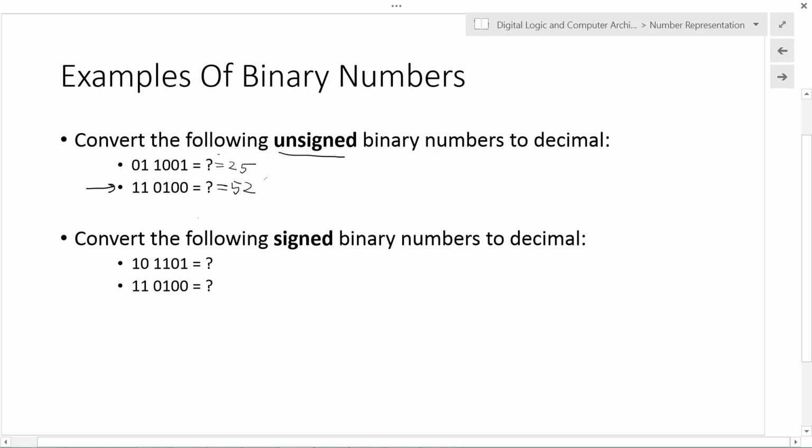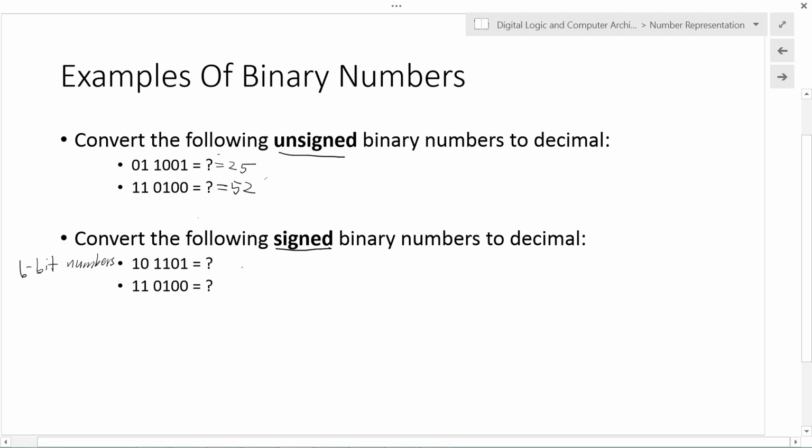So now let's look at converting binary to signed integers. So here we need to be cognizant of the number of bits we are working with. We are working with 6-bit numbers. Okay? What do we have?